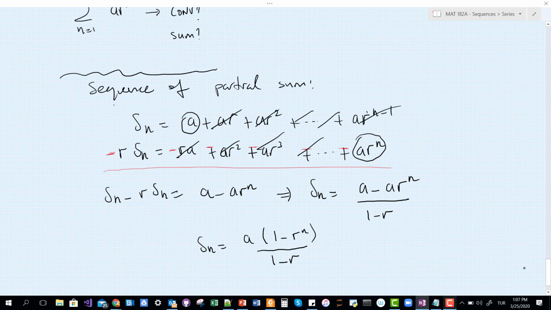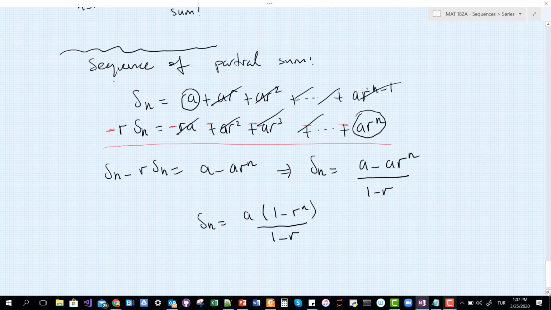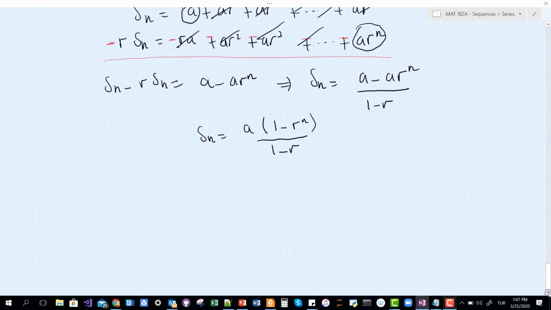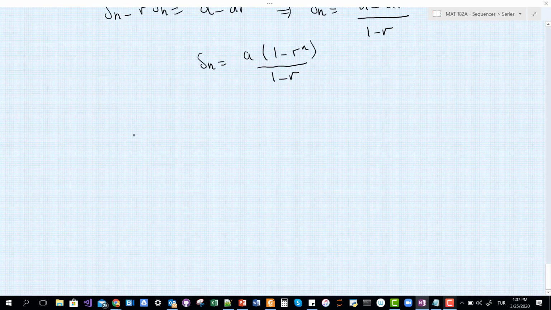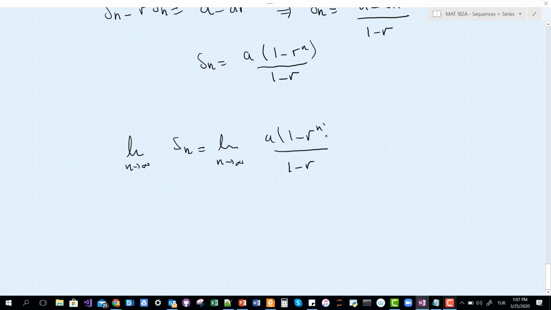To be able to find the convergence of my geometric series, as you know, I need to find out the limit of this, right? So the question will turn into, what is the limit of the sequence of partial sums? So A times 1 minus R to the N, over 1 minus R. Look at that.